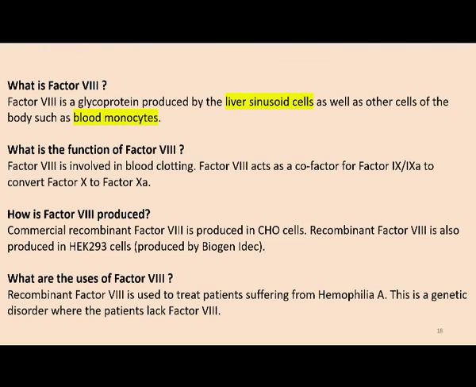this clotting factor 9 is also a glycoprotein, but it is a protease. Now, what I did mention before is that clotting factor 8 is produced by liver cells. So, special cells in the liver called the sinusoid cells, they produce this factor 8, as well as monocytes present in blood produce factor 8.